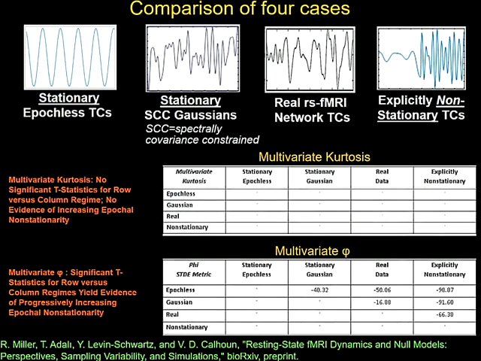Also keep in mind that there is a spectrum of dynamics. You can start on this side with something that's statistically stationary and epochless. We've tried to force it to lack epochs in the data. Then we have something that can be stationary but still exhibit a lot of transient dynamics, then real fMRI data, and then explicitly highly non-stationary data.